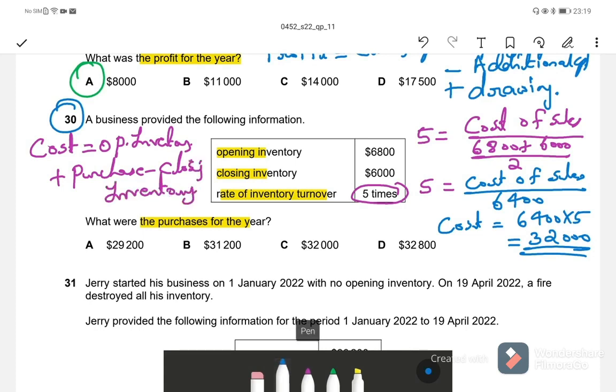Purchase is equal to cost of sales minus opening inventory plus closing inventory.